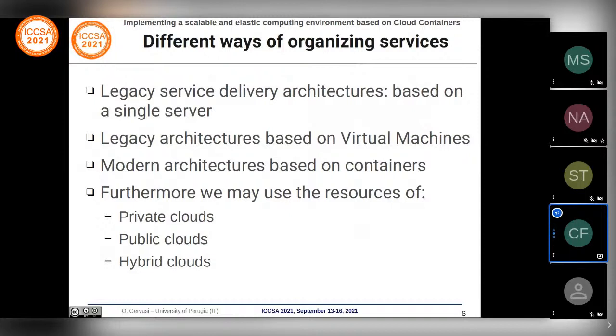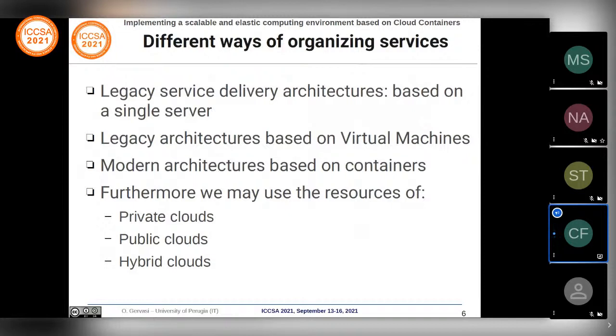After 1 minute, I have 1,000 clients. I can launch, let's say, 10 or 100 Docker instances, and those clients will be served instantly without any delay, without any loss of service. The other way we can deploy services is the legacy architecture based on virtual machines.